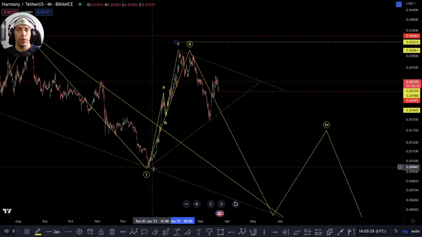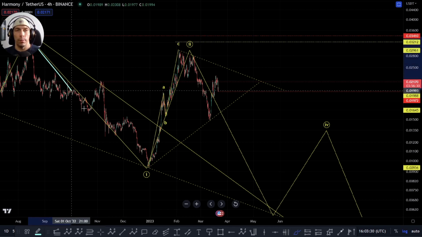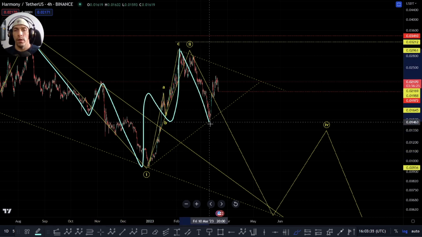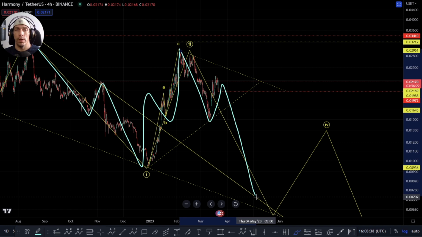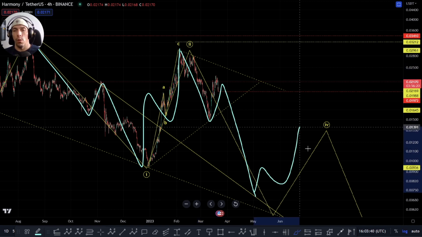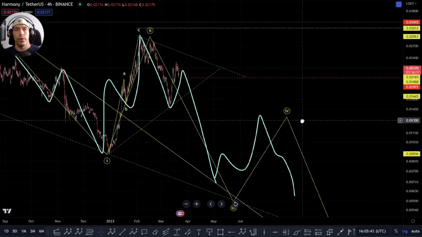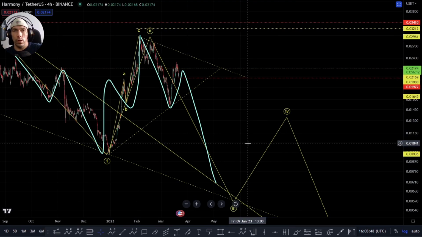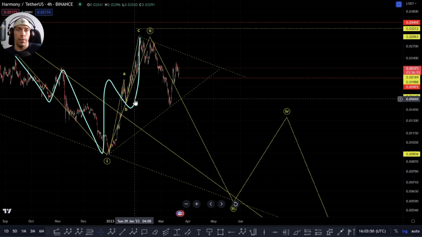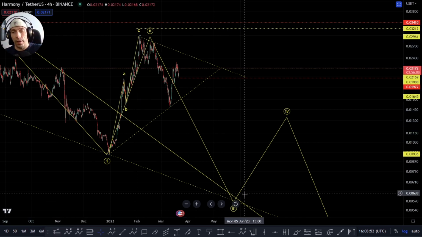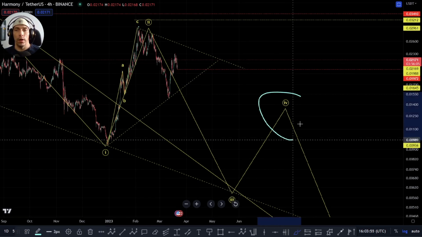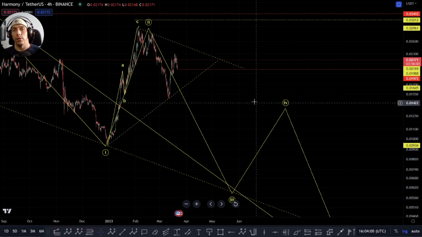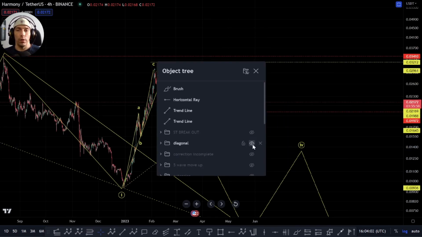But we also need to be cautious that we don't have something like this playing out where this is an A, B, C, this becomes a B wave, we get another C wave down like this, or wave three rather, a four and a five, and then we get basically this kind of a descending contracting diagonal. So this is still on the cards. I'm keeping an eye on this. If we do get this move down in the zigzag, potentially we need to be careful of this additional fourth wave here, and then looking for another zigzag to the downside to complete. So these are just some of the possibilities that are still on the table.